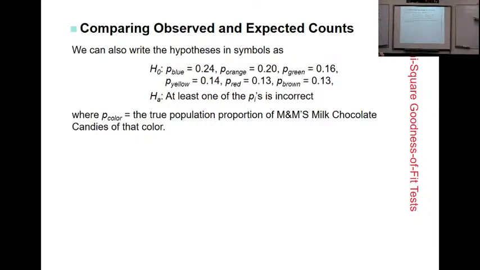This index says take each of these individual values. It's a shorthand instead of writing out blue, orange, green, yellow, red, brown. This i says cycle through each of those individually. So start with x sub 1, the first value, and then go to x sub 2, x sub 3, x sub 4, x sub 5, all the way up to x sub however many there are. So that's another place that you might have seen that sub i.